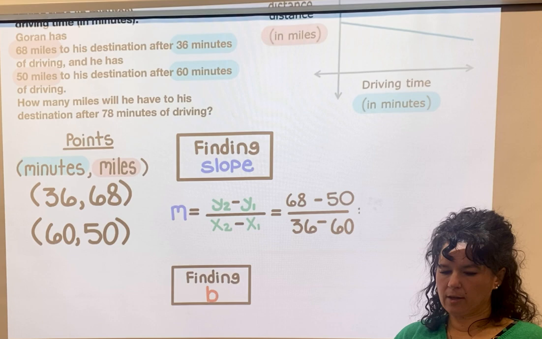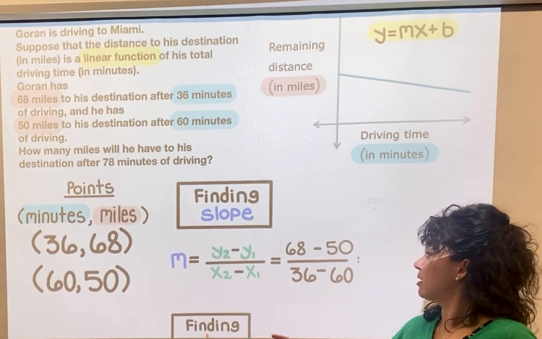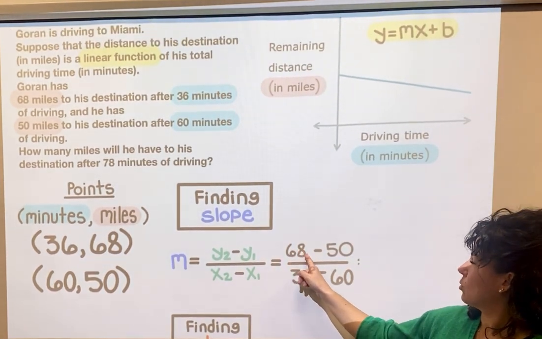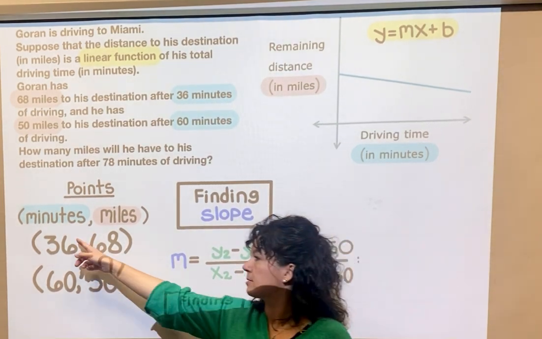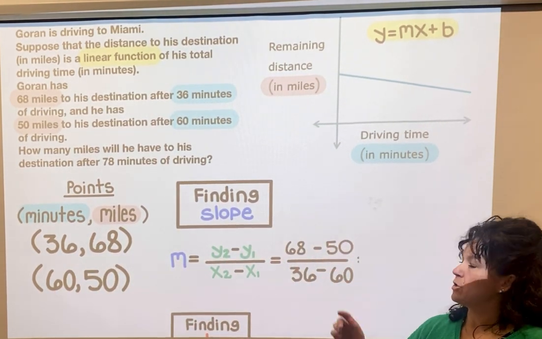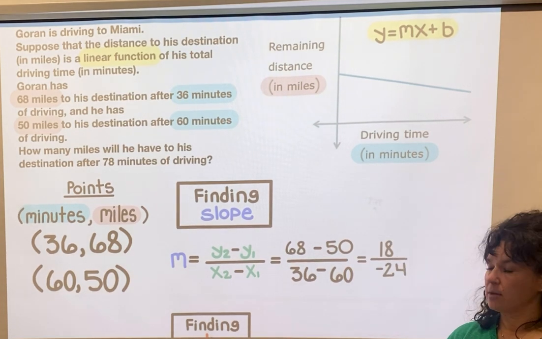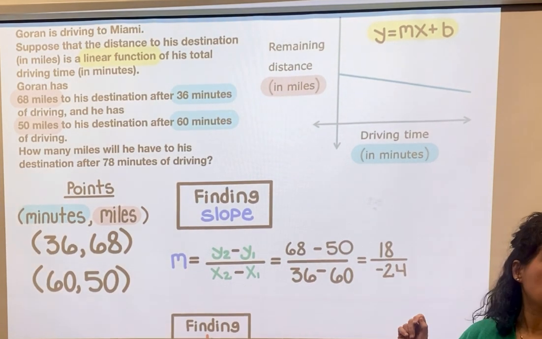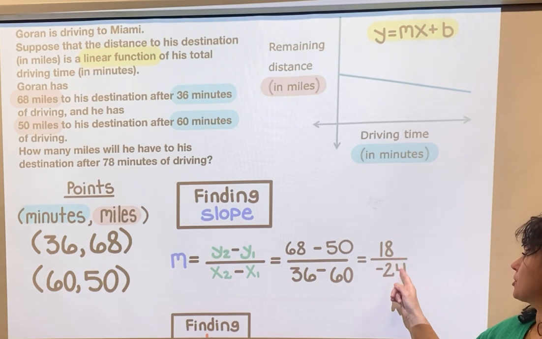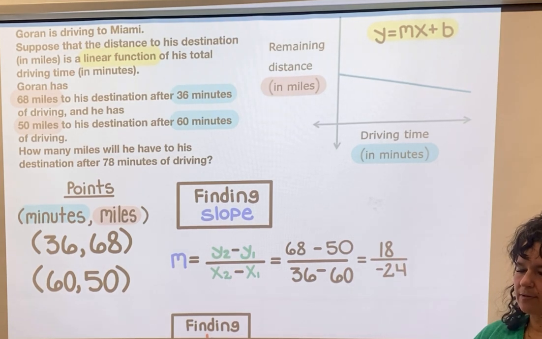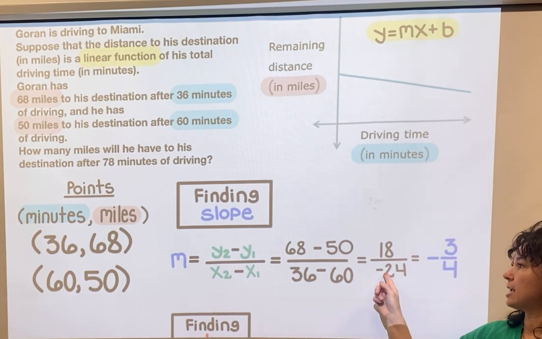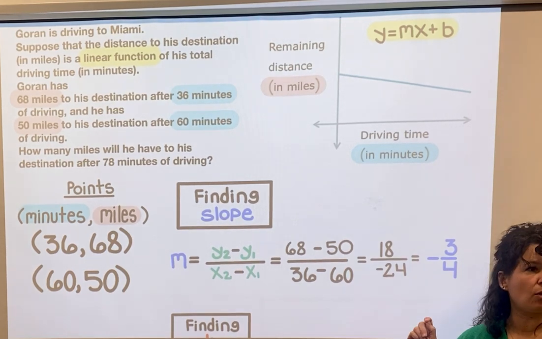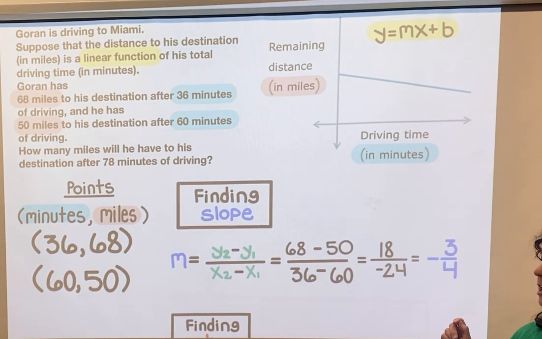Okay, I went with y minus y, 68 minus 50 over 36 minus 60. When I do that subtraction, I have 18 over negative 24. Both of these numbers can be divided by 6. So 18 divided by 6 is 3, negative 24 divided by 6 is 4. So I've simplified my fraction.